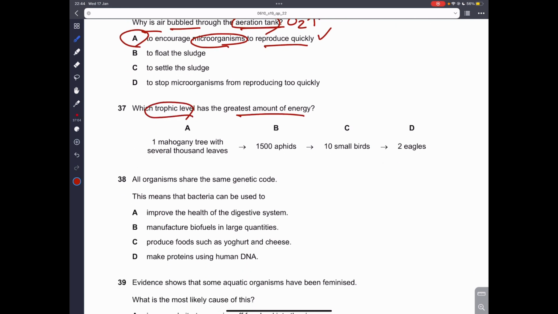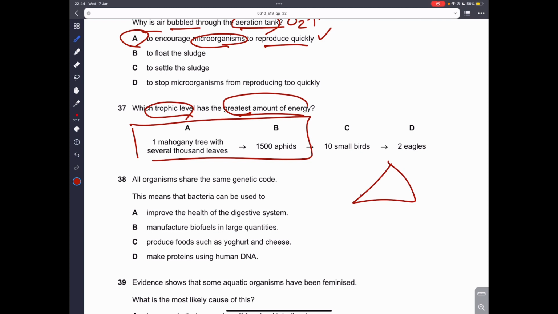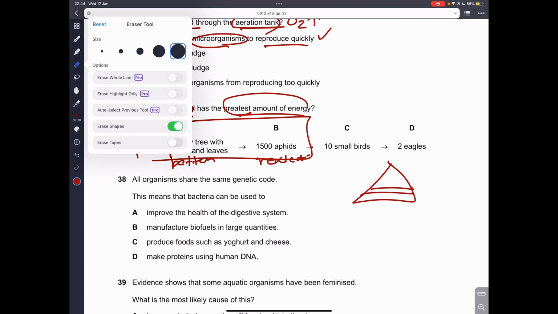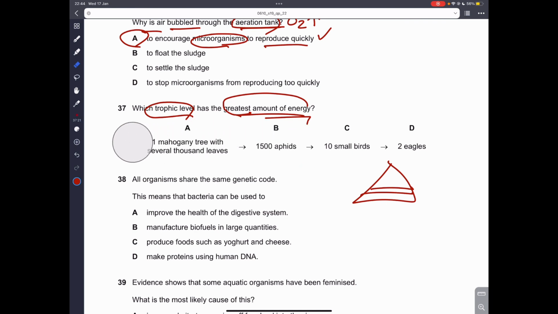Question 37. Which trophic level has the greatest amount of energy? Now the greatest amount of energy will always be from the bottom of the pyramid to the next level. So there's A and B. Which will have the greatest amount of energy is definitely A, because A is a mahogany tree.